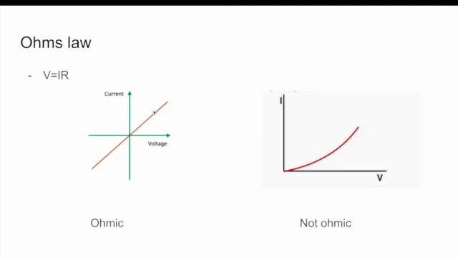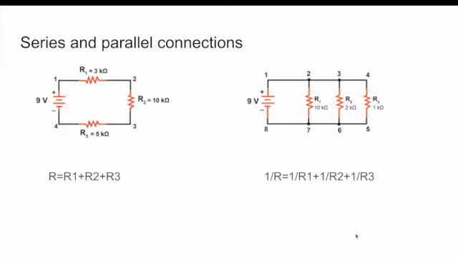And if we were to rearrange this equation, we'd see that the gradient here is actually 1 over R. So the gradient here is 1 over the resistance. And because this is a straight line, we call it an ohmic resistor. This is not a straight line, so that means it doesn't follow this relationship, so it's just called a non-ohmic resistor.